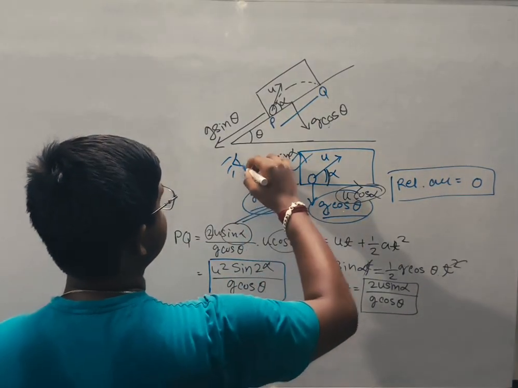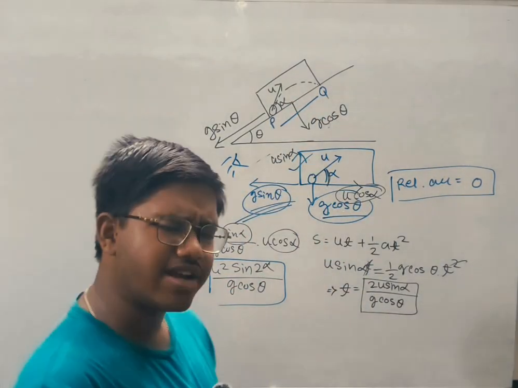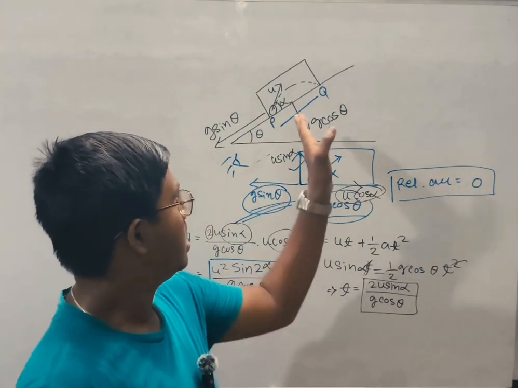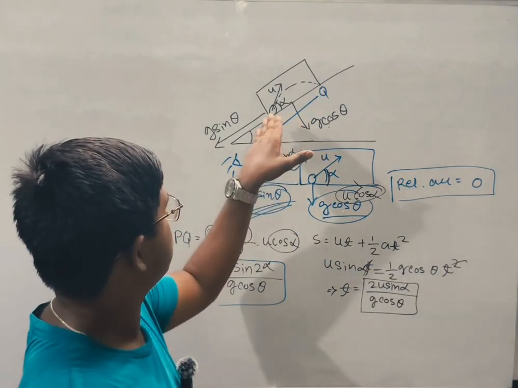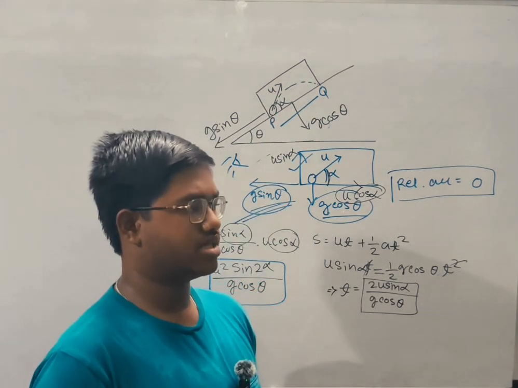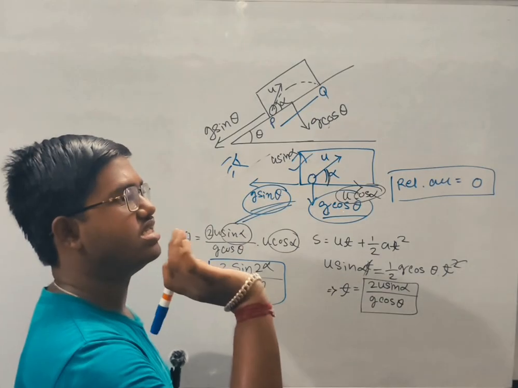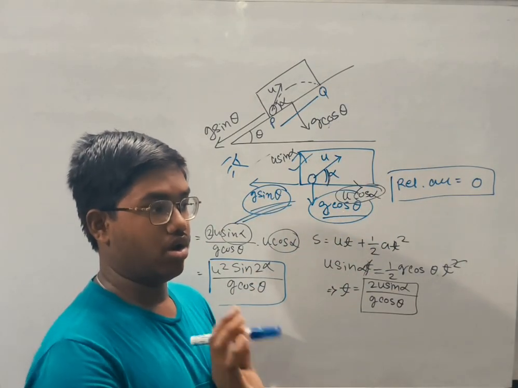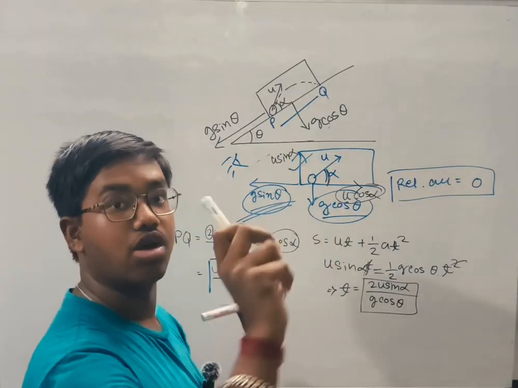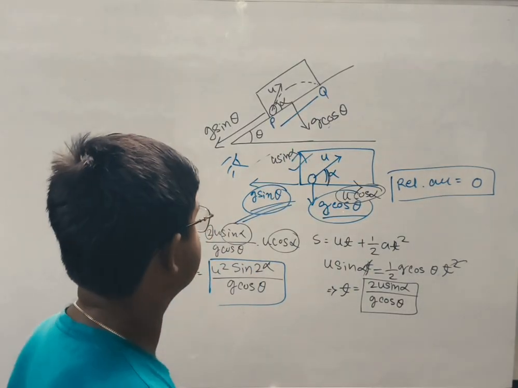In this problem, what is the velocity without the initial velocity u? Someone is watching from outside and seeing the movement, so what is the velocity when the initial velocity was not there? They have asked us this.